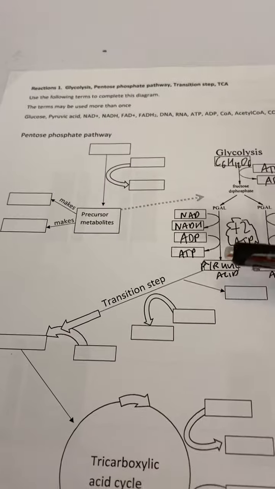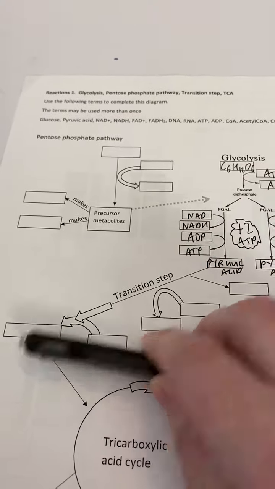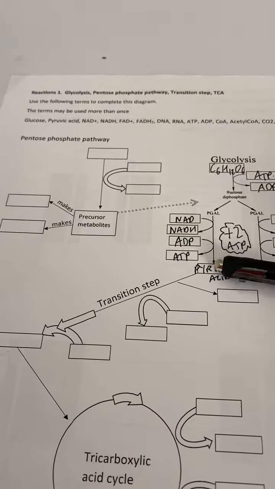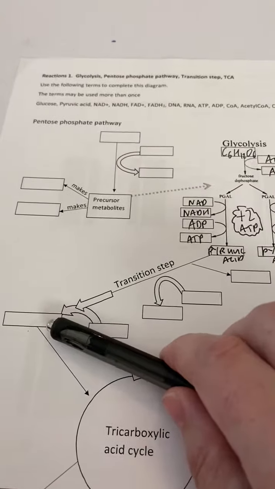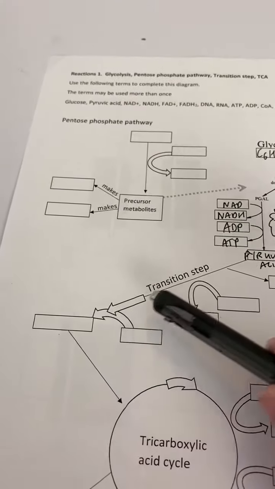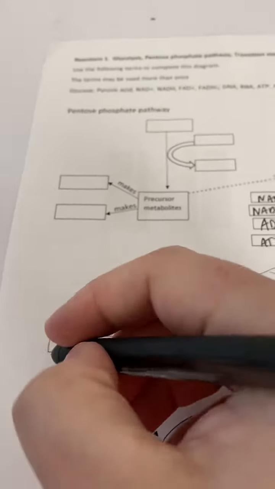So let's look at our transition step first. We can again think about what goes in and then what comes out. What goes in is our pyruvic acid from glycolysis. What comes out of our reactions of the transition step is our acetyl-CoA.